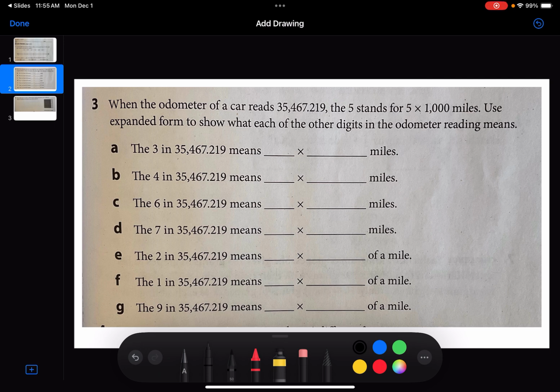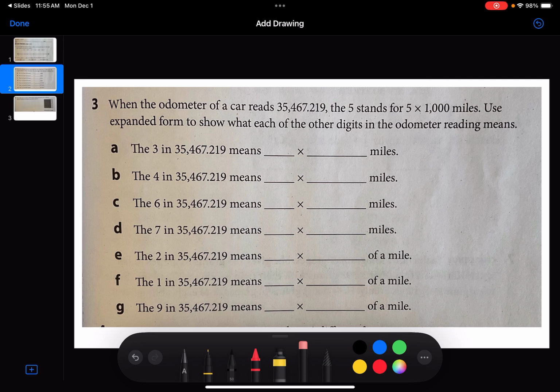So when the odometer of a car reads 35,467 and 219 thousandths, the 5 stands for 5 times 1,000 miles, because the 5 is in the thousands place. It says use expanded form to show what each of the other digits on the odometer reading means.